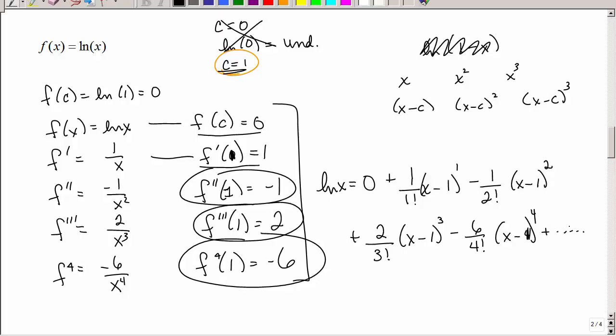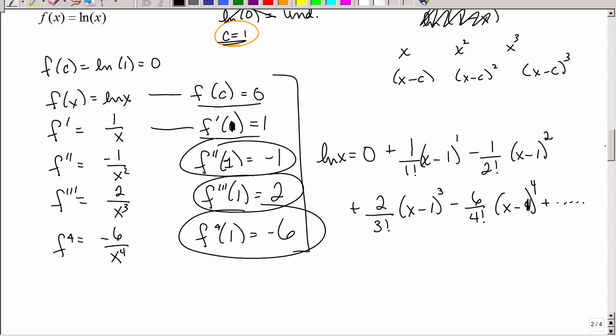How can I write that in terms of a series? Well, let's see if I can do some simplification. So I have the natural log of x is just x minus 1 minus 1/2 times x minus 1 squared.